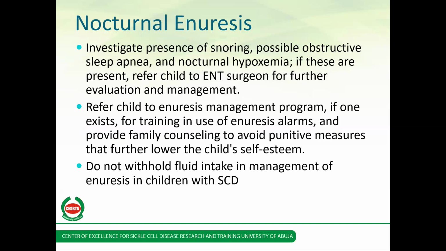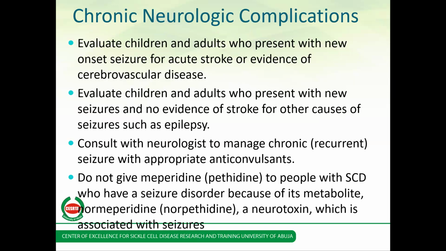If these are present, refer child to ENT surgeon for further evaluation and management. Refer child to enuresis management program if one exists, for training in use of enuresis alarms, and provide family counseling to avoid punitive measures that further lower the child's self-esteem. Do not withhold fluid intake in the management of enuresis in children with sickle cell disease.